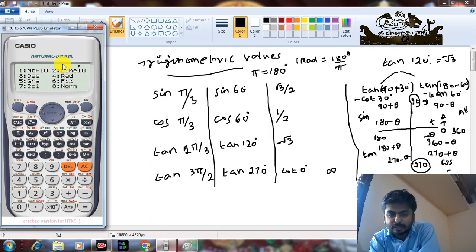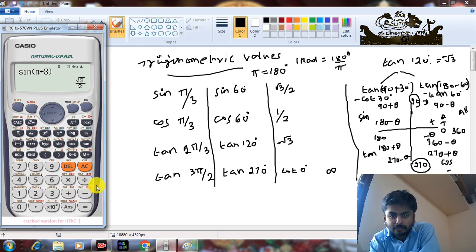This calculator is different. In Casio you can simply press mode and choose the radian mode, that is 4. So in the fourth mode I can put sine pi divided by 3.